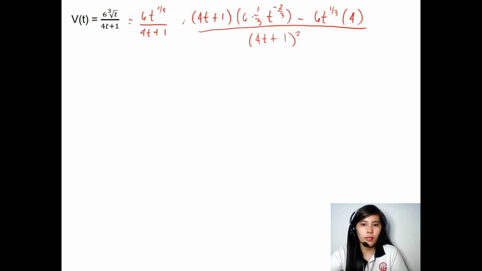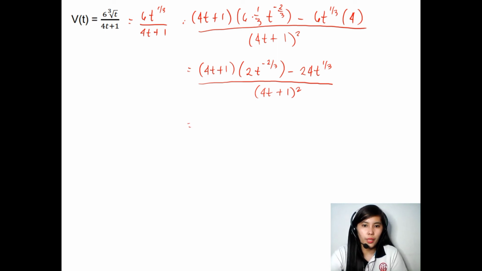Now let us simplify. 6 times 1/3, that is 2, t raised to negative 2/3, minus this is 24 t raised to 1/3, over 4t plus 1 squared.